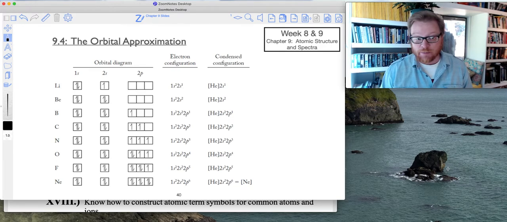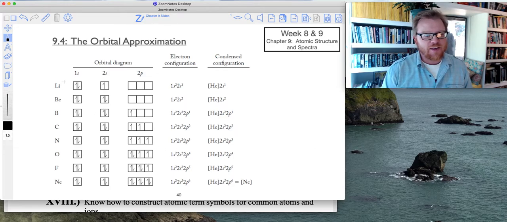So let's just review the simple atoms: lithium, beryllium, boron, etc. We remember that lithium is 1s2, 2s1, based on its position on the periodic table. It probably would help if I put a periodic table right here. We can write that electron configuration as 1s2, 2s1.